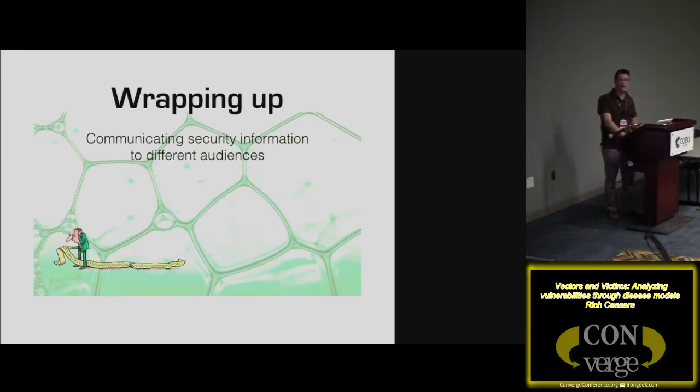And being able to communicate that often takes reframing it through a different lens, like talking about diseases, because not everybody understands computers or information security, but most people understand what it's like to get sick. So you can map it over onto that, and it's a little easier for them to understand.